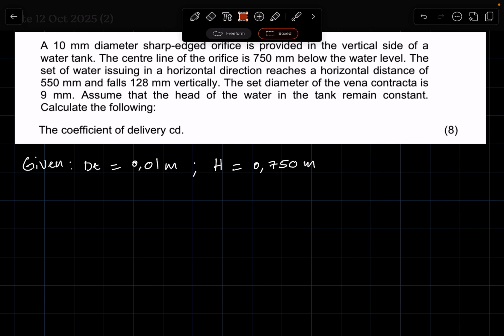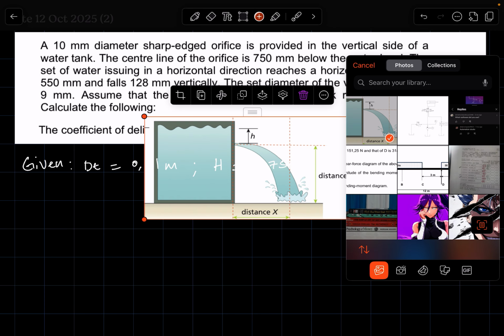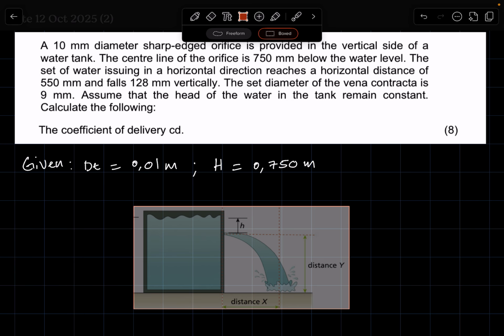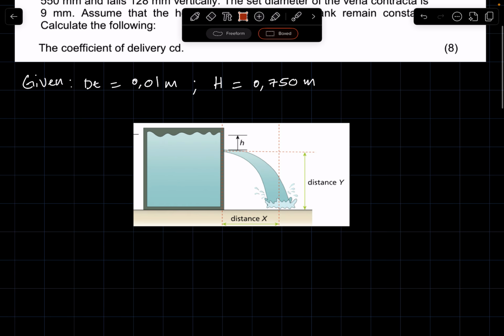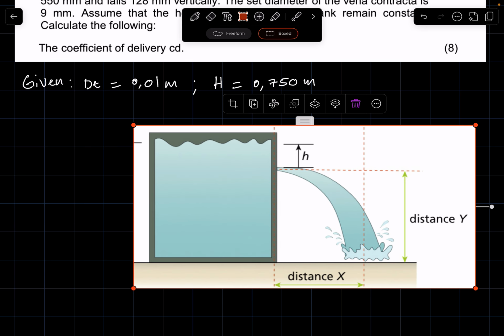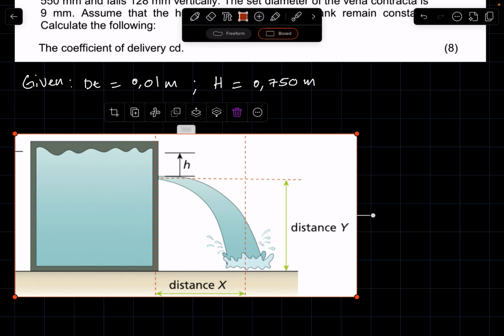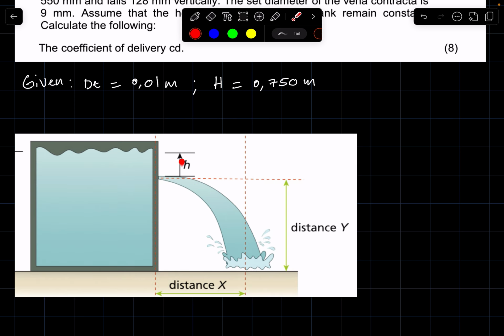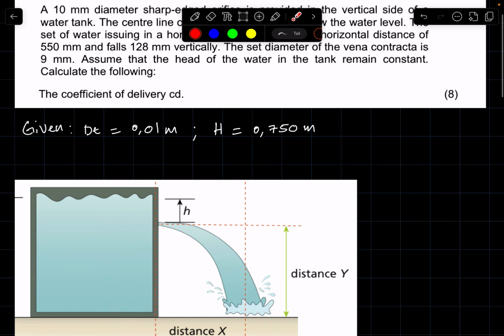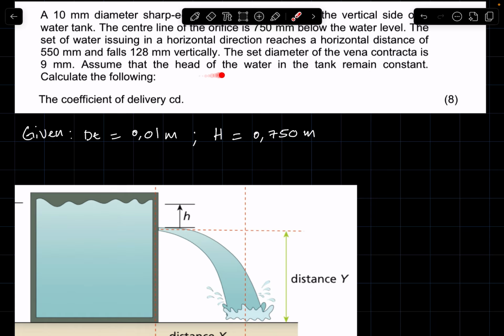Now this here is a schematic illustration of flow through an orifice. The H that we are referring to, the pressure head, is this one. When we say that the pressure head remains constant, or the head of water in the tank remains constant, it is this head.